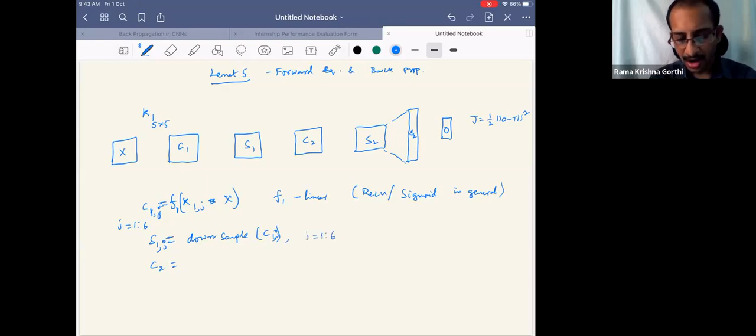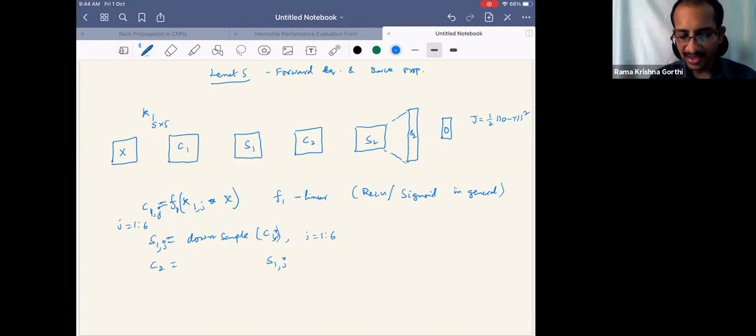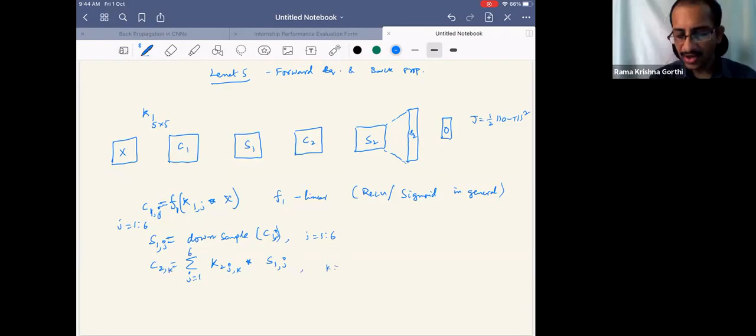C2 is the sum over S1 of j convolved with K2. And what is C2 of what? C2 of k, and k goes from 1 to 12. And here, in fact, there is an F2.